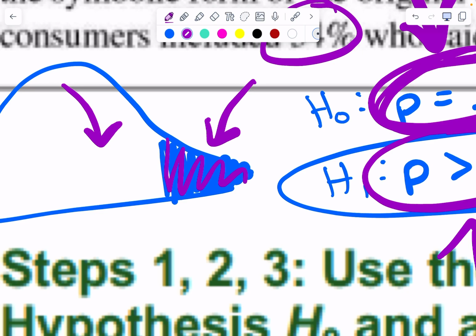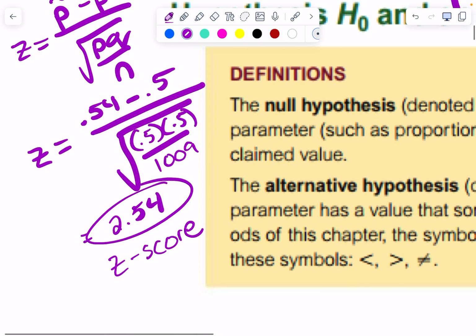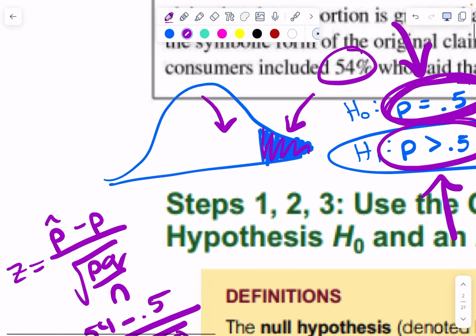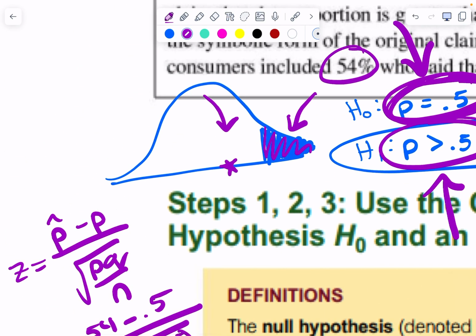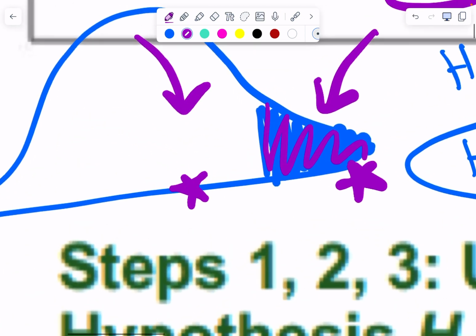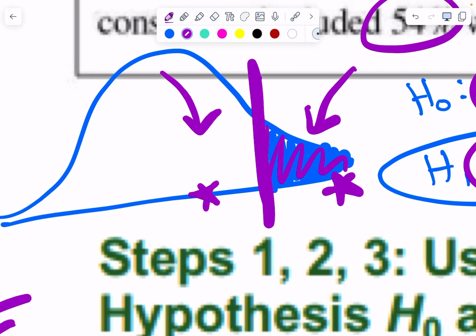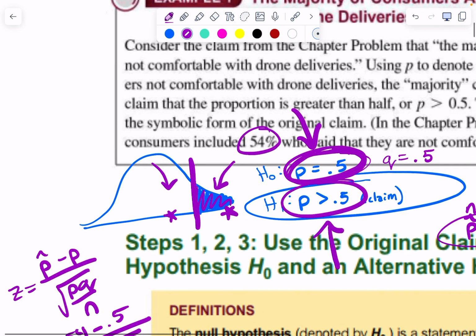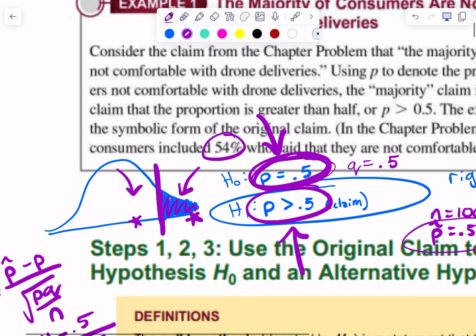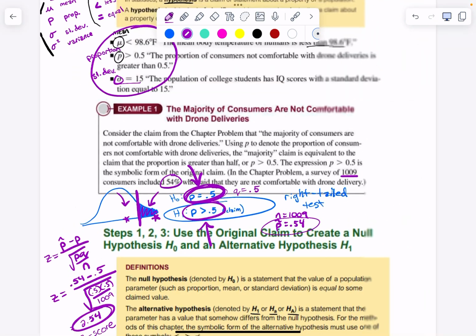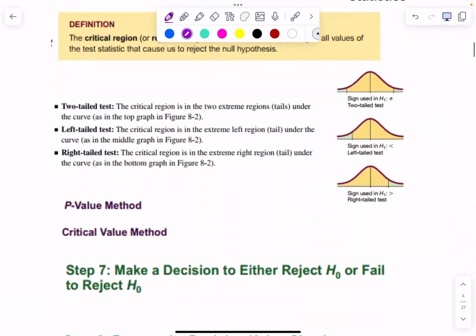Ish. The thing that determines that is, where does 2.54 live? Does it live over here, or over here? We would have to know this cutoff mark, and we do that by looking up the number on the chart. That's what we're going to get to next week. That's how we get to our conclusion. All right, let's go on.